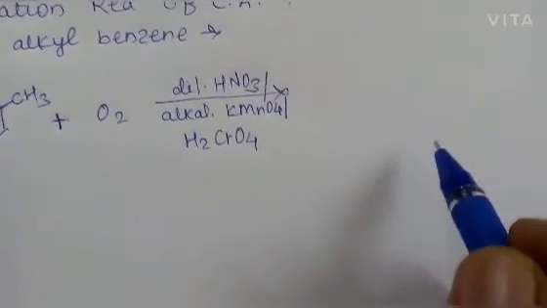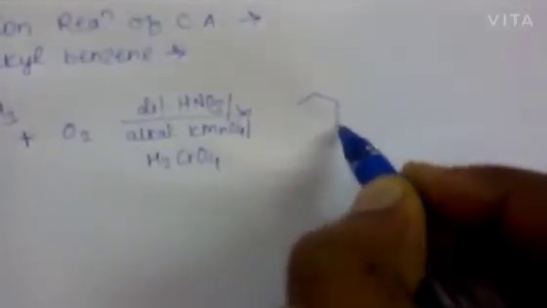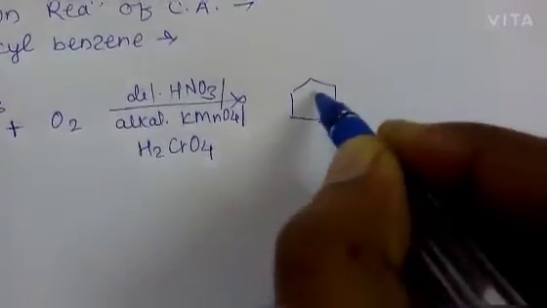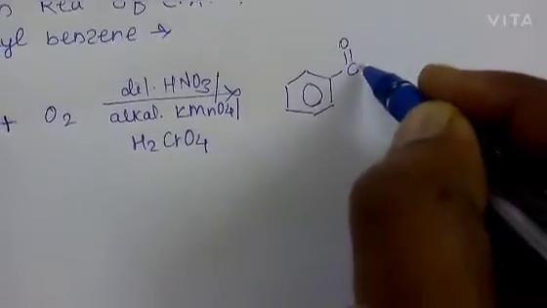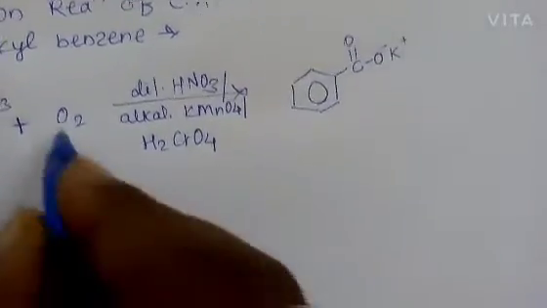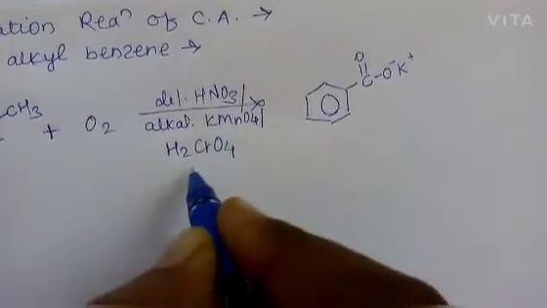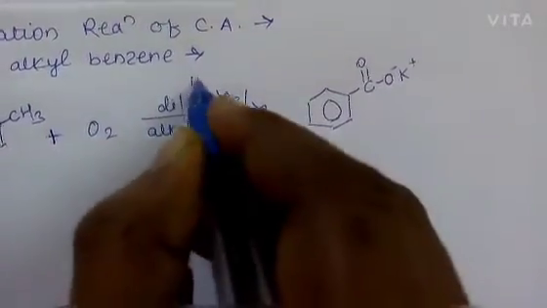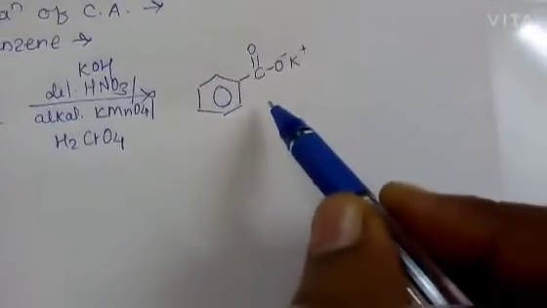Therefore you can see here C double bond O, O minus, K plus. This oxidation takes place in presence of KOH. Here I will write. Okay, then it forms the addition product, that is potassium benzoate.